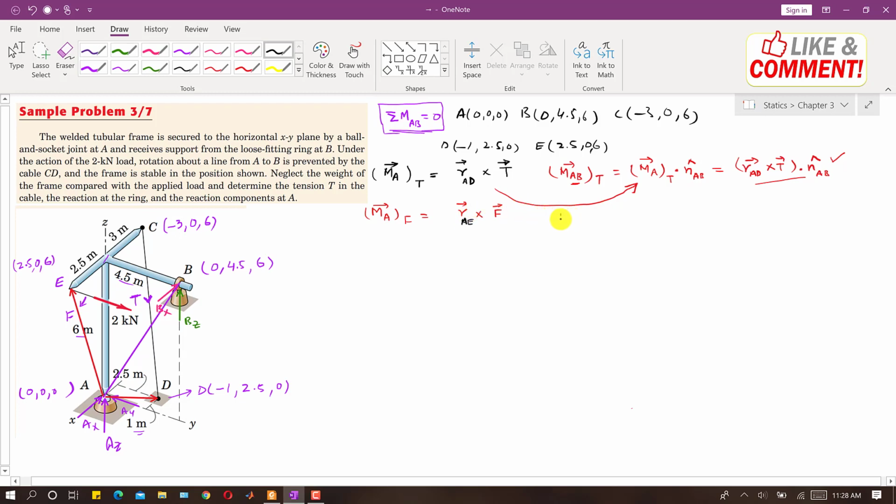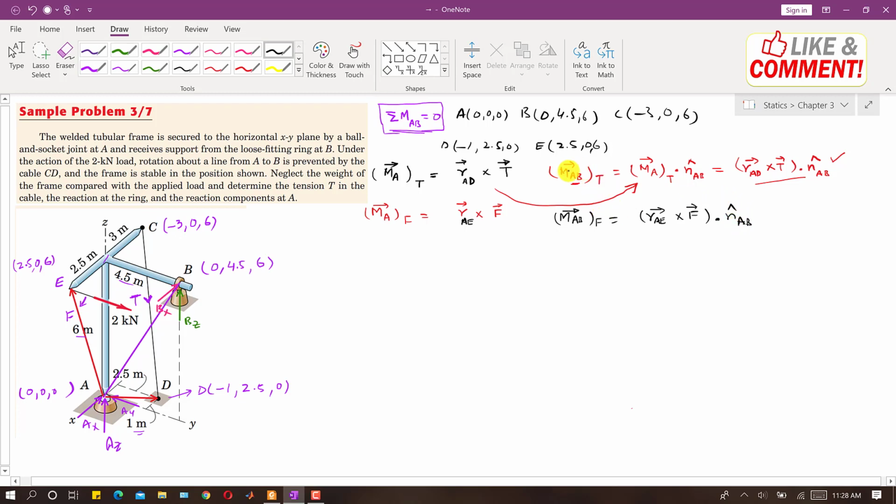And if you want to find the moment of this force about the AB line, we will write MAB of this force, and this will be RAE cross F, and we will take the dot product with AB.